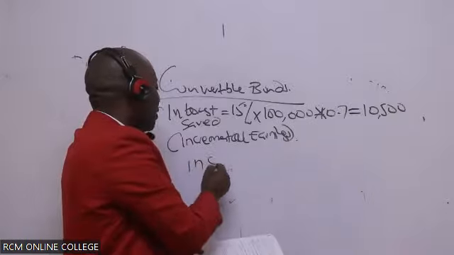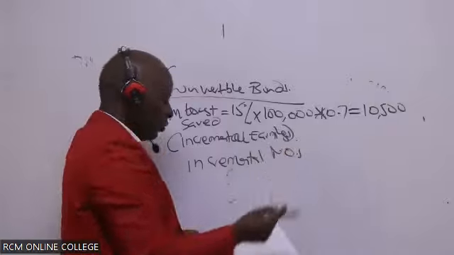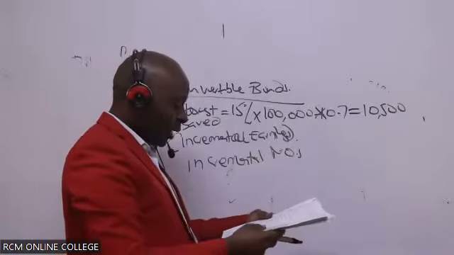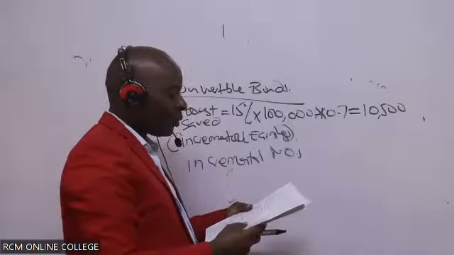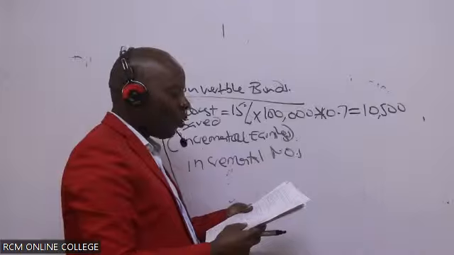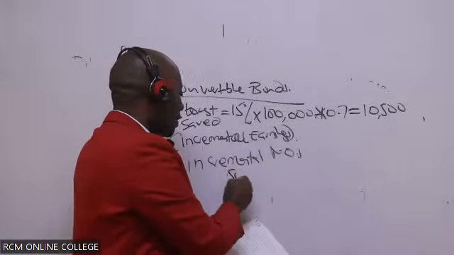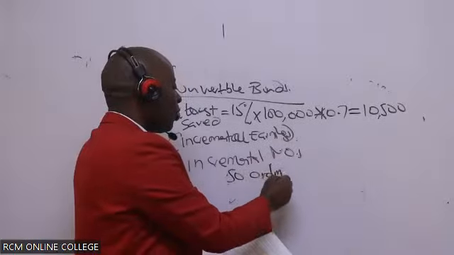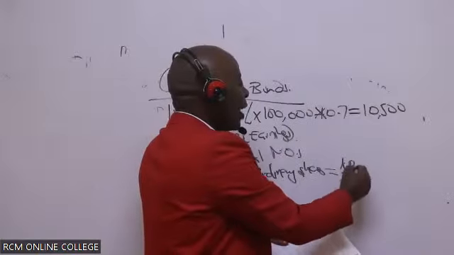How about incremental number of ordinary shares? That is your normal. Because they have told us, each bond is convertible into 50 ordinary shares. So 50 ordinary shares equals 1 bond.